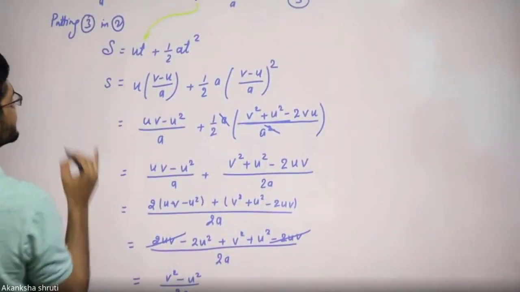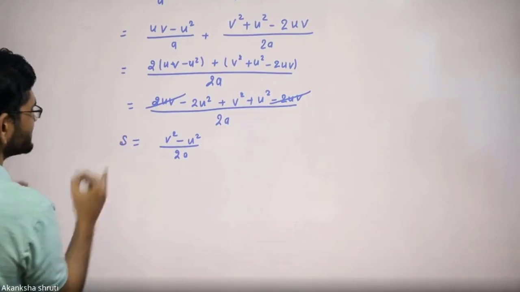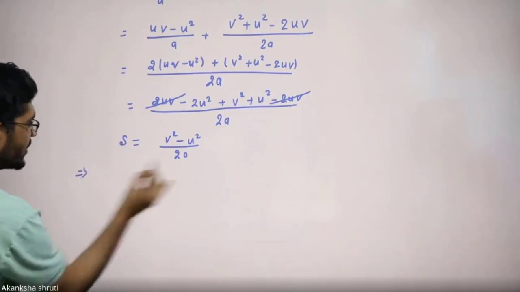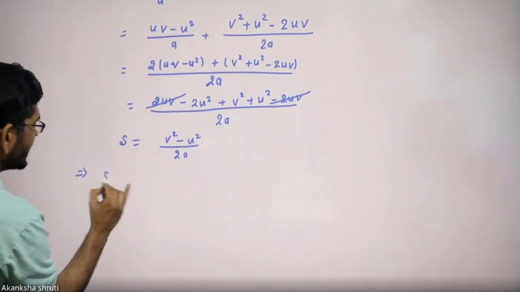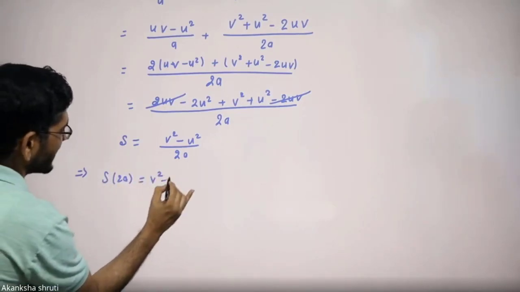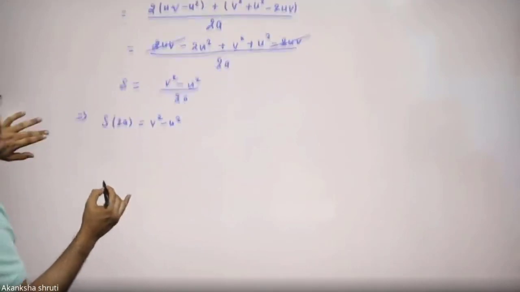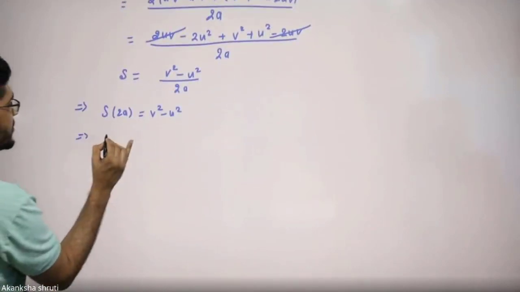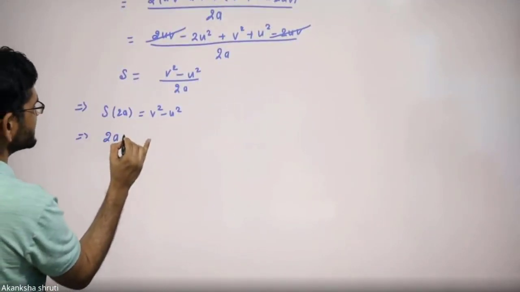What is on our left hand side? Left hand side is still our displacement s. So just go for rearranging. s into 2a is equal to v square minus u square. So the left hand side is written like this, 2a first, then s.